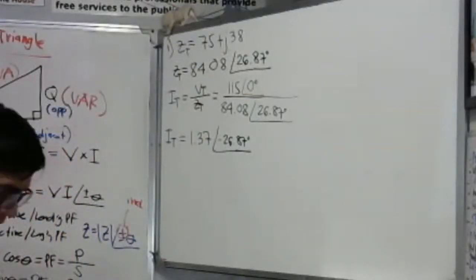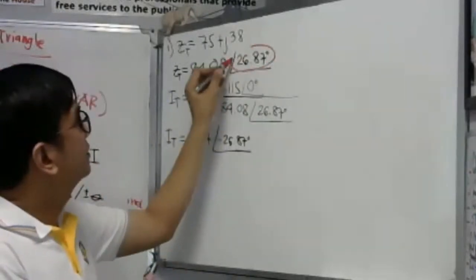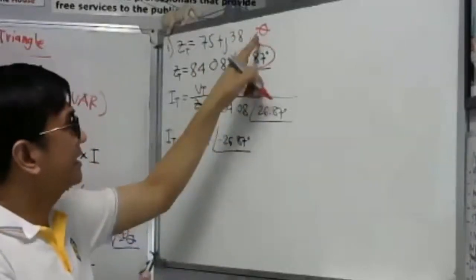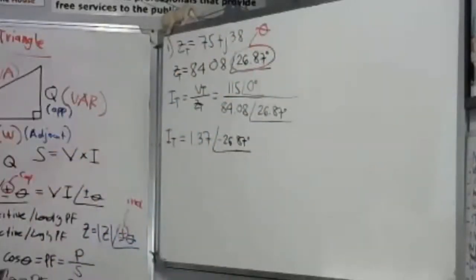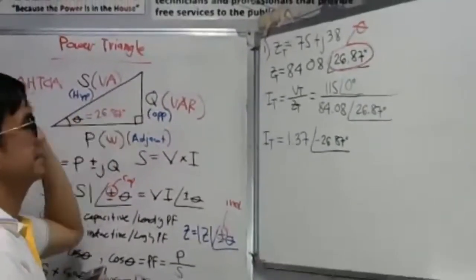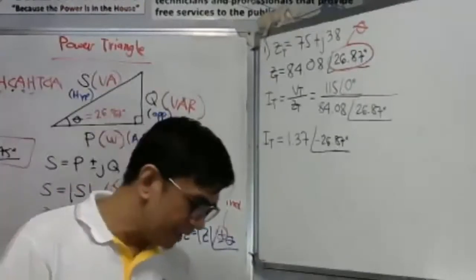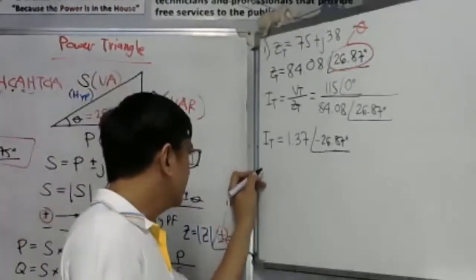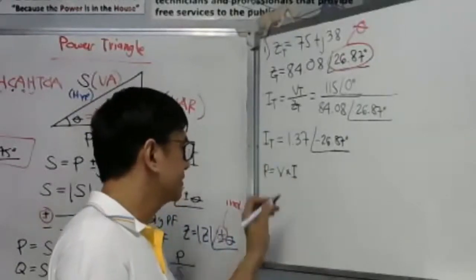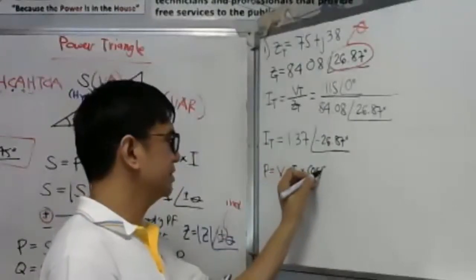Take a look here: this 26.87 is your theta. That is the impedance angle, and it is also the angle in the power. Always remember that. Now we can calculate the real power. The real power is equal to the voltage times the current times the power factor, or cosine theta.